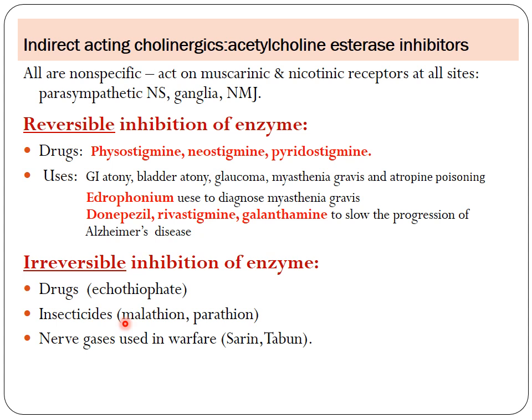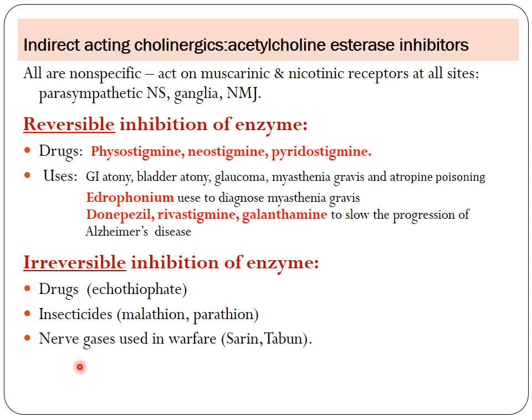So poisoning occurs, might be accidentally, especially by children, or as a suicidal attempt by young adults. It is lipid soluble. It can be absorbed even from intact skin, even when we are using the insecticide as a spray. And it will cause overstimulation of the parasympathetic and causing death to the patient. The treatment or the antidote is atropine.